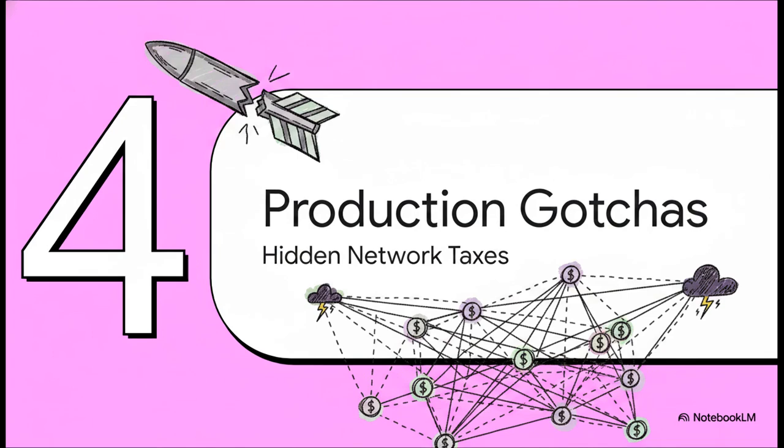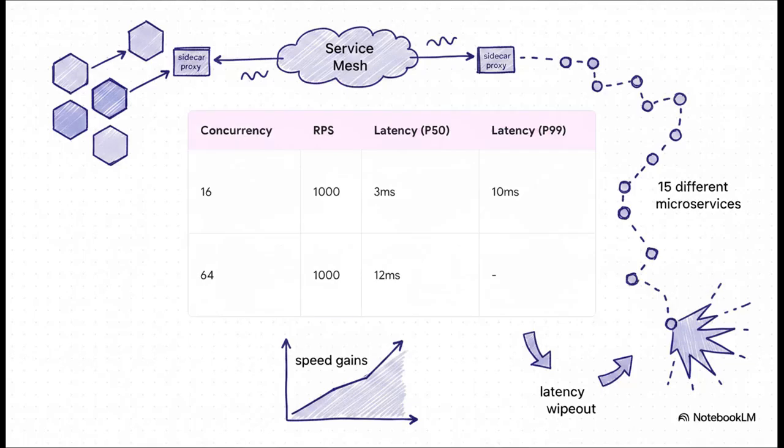But let's take a reality check in Section 4. Real-world production gotchas. The hidden network taxes. In the real world, modern microservices rarely talk directly to each other, right? They communicate through service meshes like Istio, utilizing sidecar proxies like Envoy to manage traffic and security. Well, these proxies add their own latency.